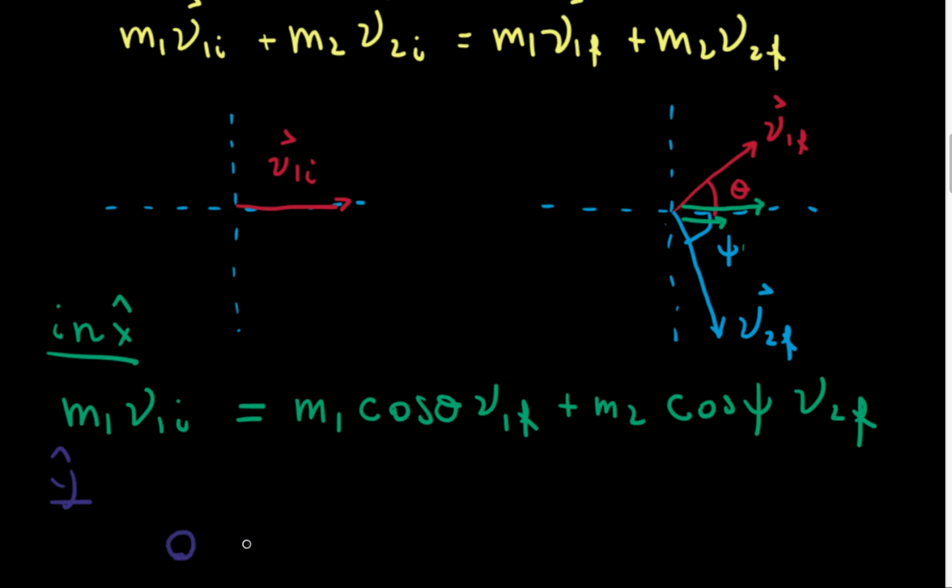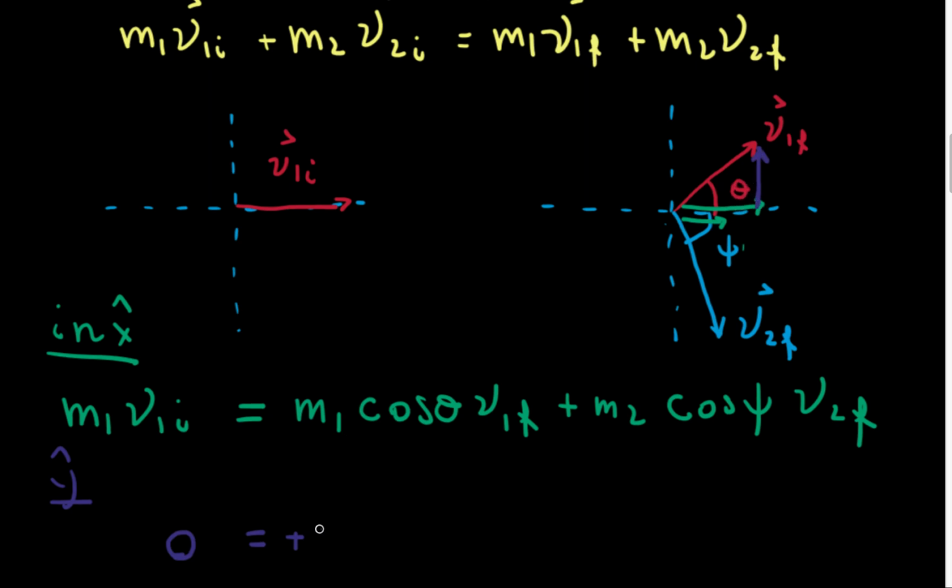It's 0 equal to, and now we're going to look at the y components in the final velocity. So now the final velocity, if you look at this one, the y component is right there and points up, which means it's positive. And if you imagine a triangle like this, this is proportional to sine.